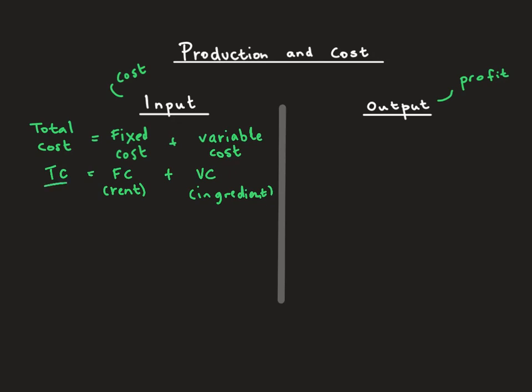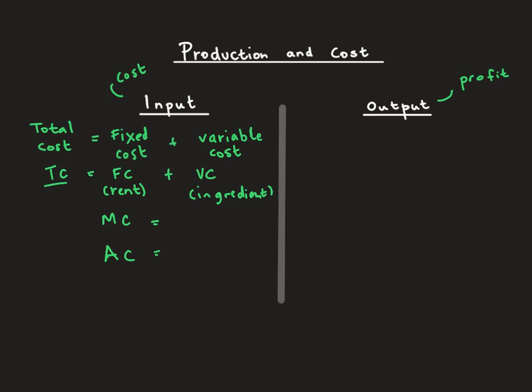Then we've got our marginal cost and an average cost. For these concepts of marginal and average, I'll do a separate video so you can understand it. I'm just introducing it to you here so that when we do the next video, we'll be able to understand it a lot better.